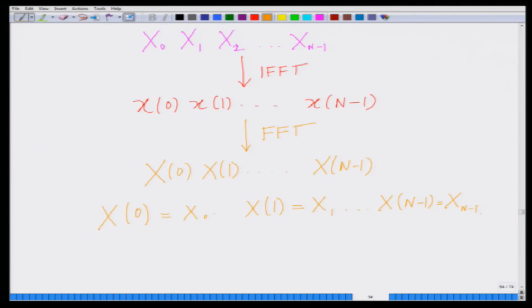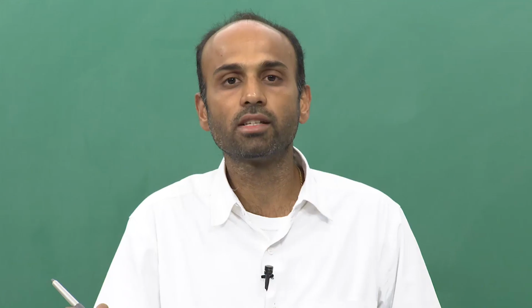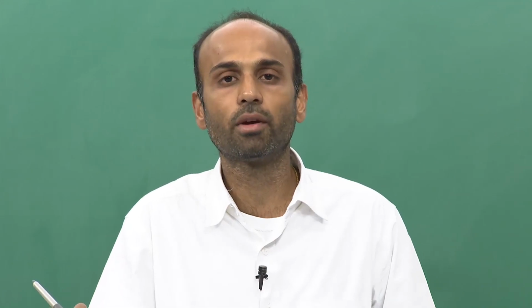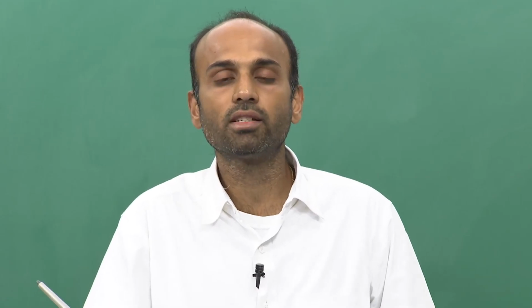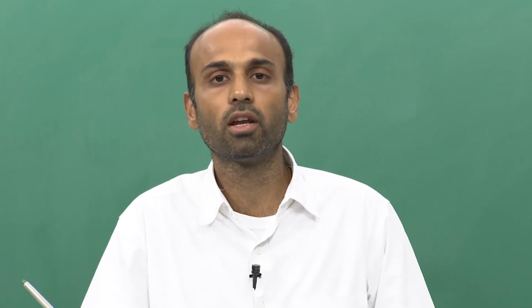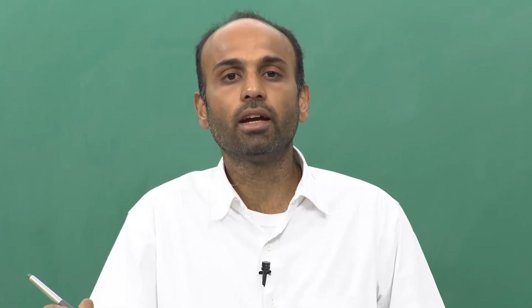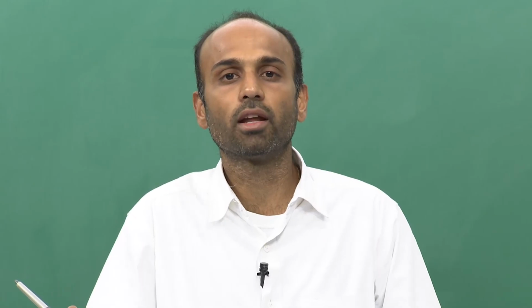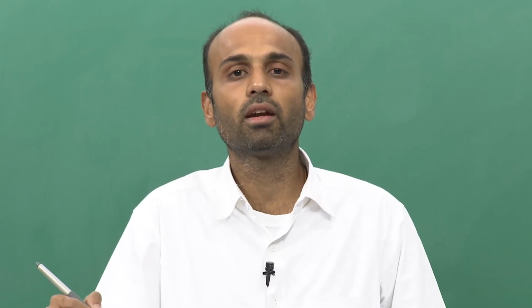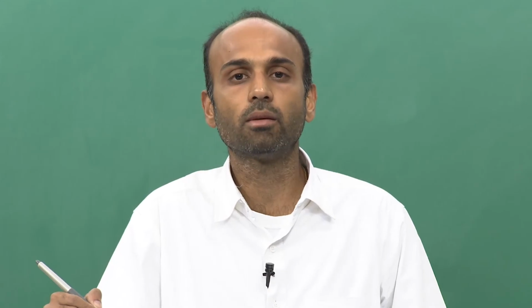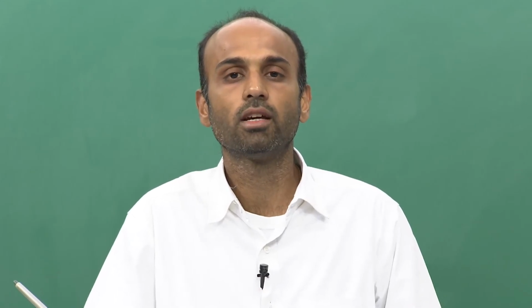So, the small x's are generated by an IFFT of capital X sub 0, capital X sub 1, and so on, up to capital X sub n minus 1. Therefore, once I take the FFT of the small x's, I basically get back capital X0, capital X1, up to capital X sub n minus 1.